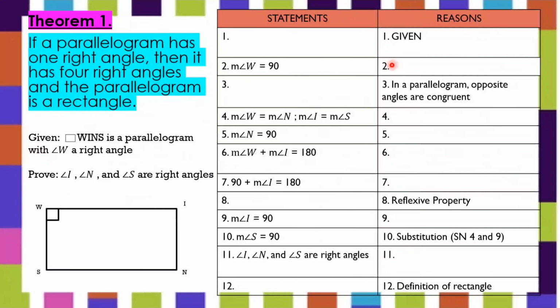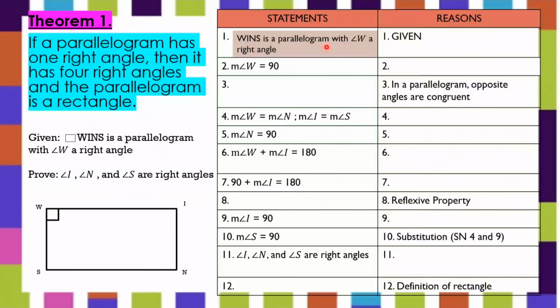Okay. So, meron na tayong mga hints dito. Meron na mga given statements na kailangan nating bigyan ng reason. At meron namang given reasons na kailangan nating ilagay ang statements. Okay? So, for number 1, ang reason natin ay yung given natin. Okay? So, ano nga ulit yung given natin? That WINS is a parallelogram with angle W to be a right angle.